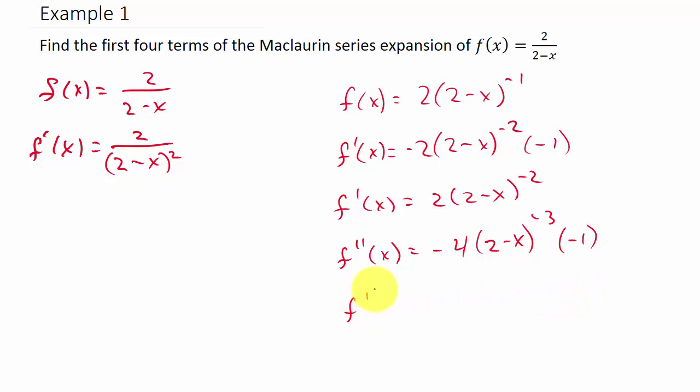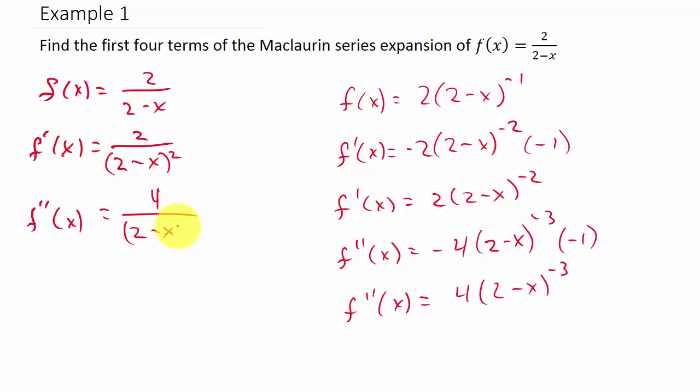So the second derivative would be 4 times 2 minus x to the negative 3. So the second derivative would be 4 over 2 minus x cubed.